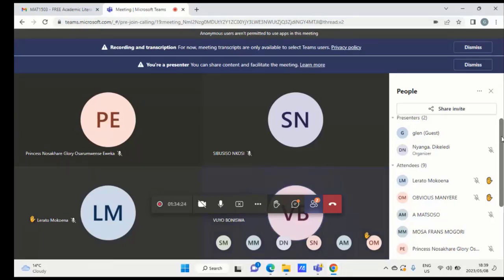Princess and Sibusiso, please listen to what Vuyo has just said. Is there any similarity? For the last time, Vuyo, please just say what you got. First row, 1, 3 over 2, 0, and -1. Second row is 0, 1, -1, and -1.